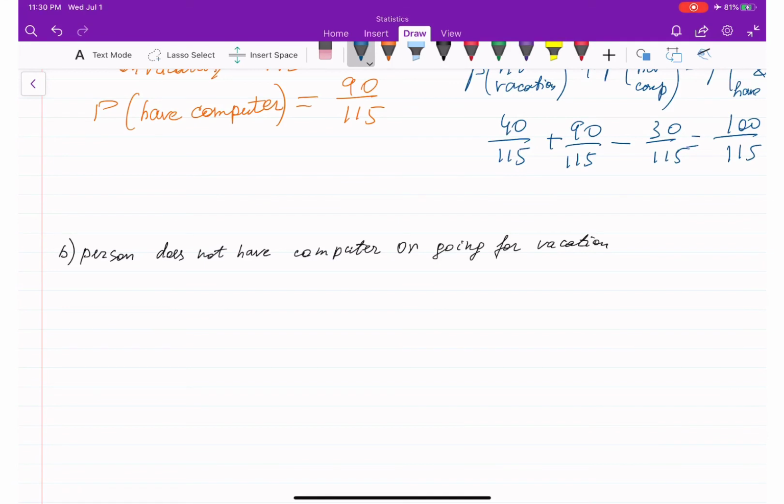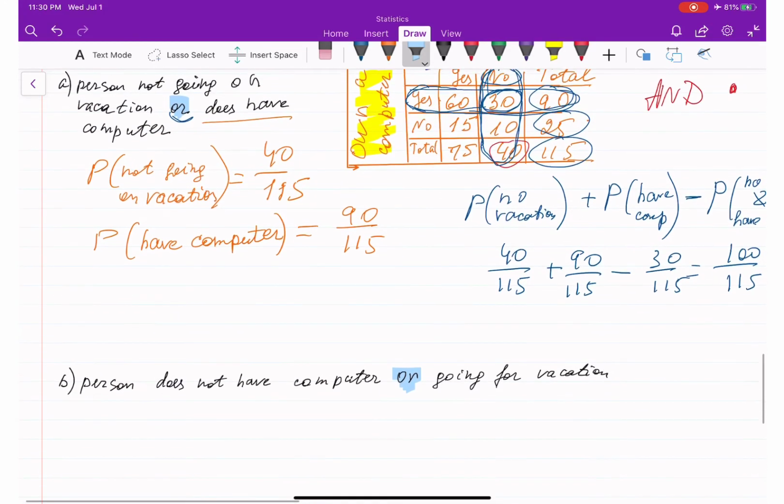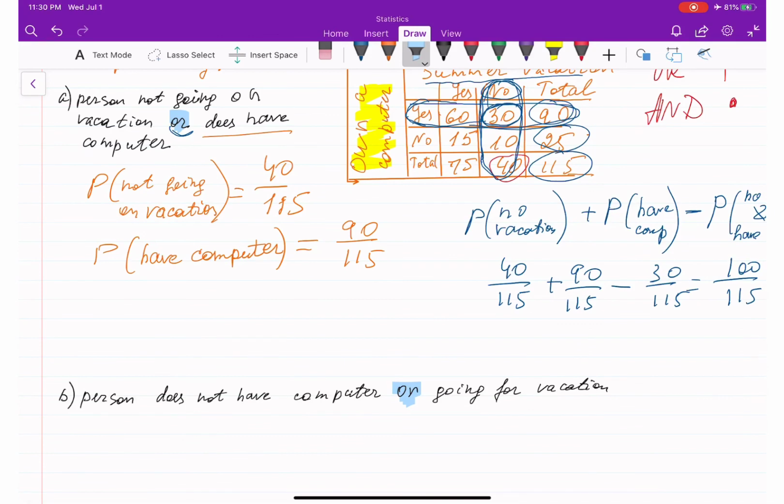Next question. What's the probability that a person does not have a computer or, marking down or, which is going to be plus, right, goes on vacation? Let's see, what is doesn't have a computer? How many don't have a computer? Let me change the color so we can see.